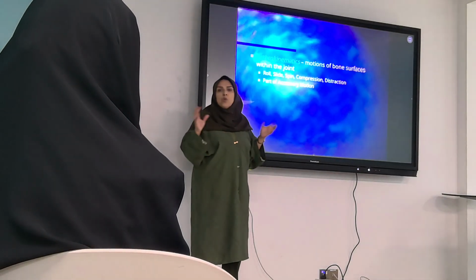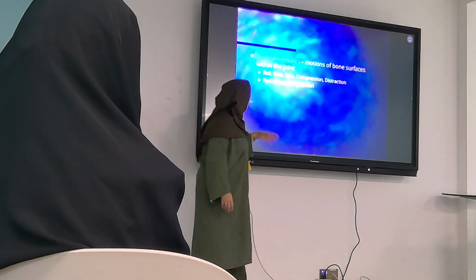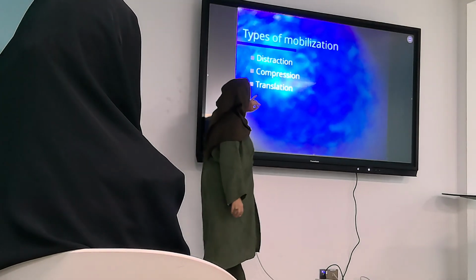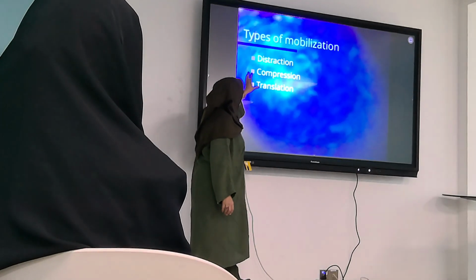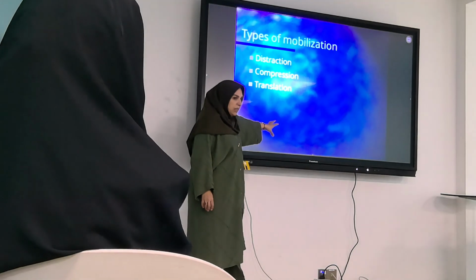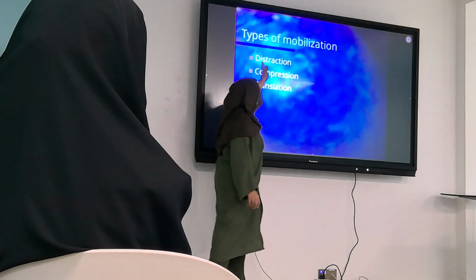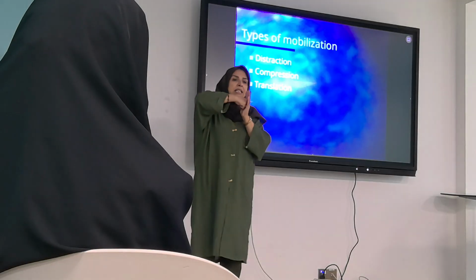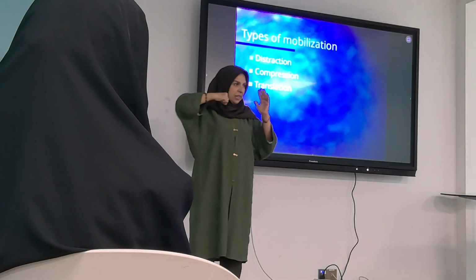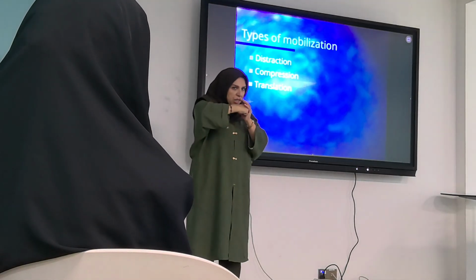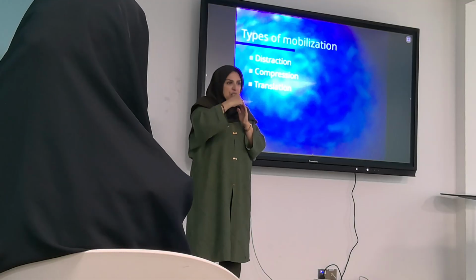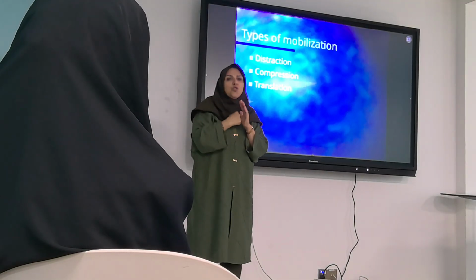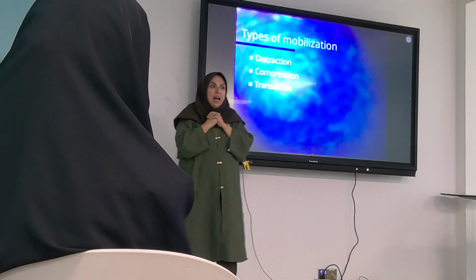In different books you can find different terminology for arthrokinematics. In arthrokinematics, there are 3 main types of movement: distraction, compression, and translation. That translation should be done in different axes.